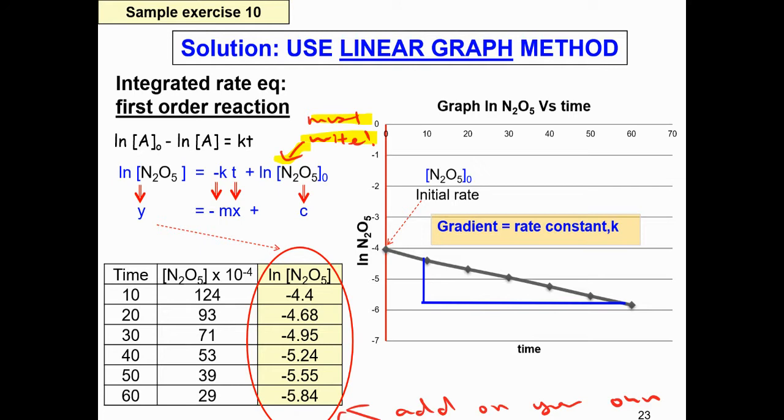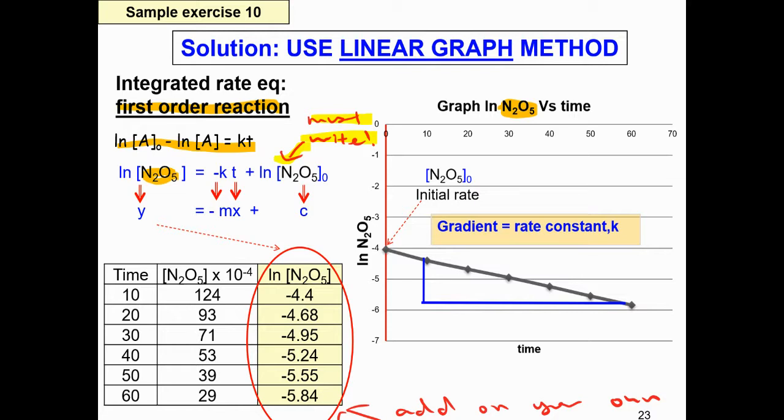Since it already mentioned it is a first order reaction, what you need to do is write the integrated rate equation for first order reaction. Of course, here we have dinitrogen pentoxide, so your reactant is N2O5, not A. Then how do you determine whether it is Y or X? Let us do it one by one.